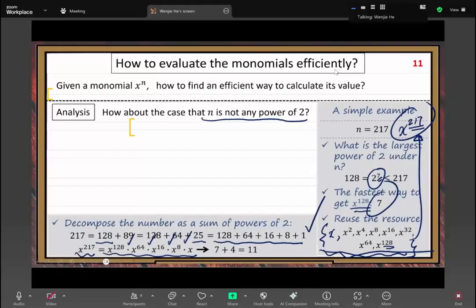When you apply this repeated squaring operation to calculate x to the 217, you need 11 multiplications. How about that? It's a big improvement, right?